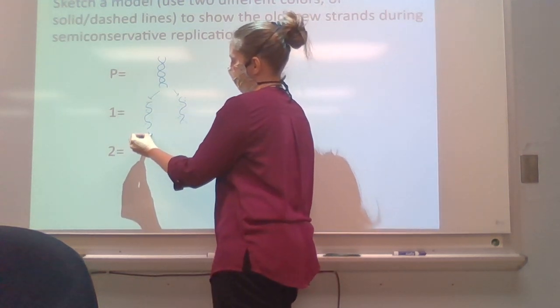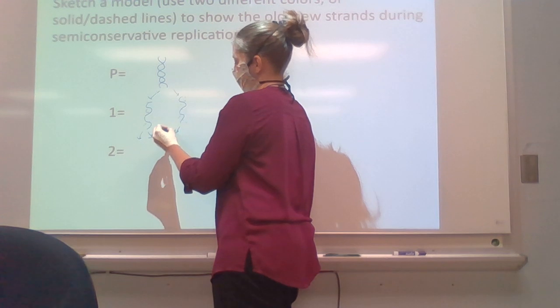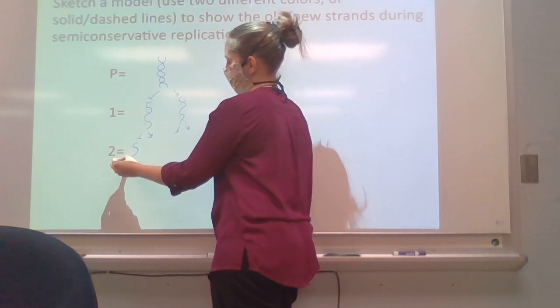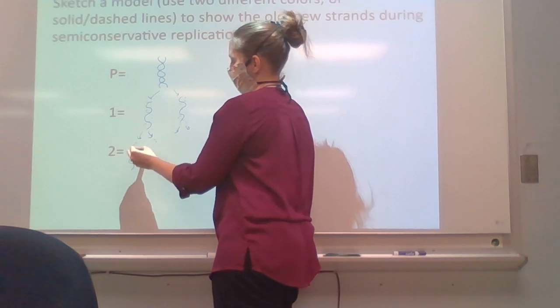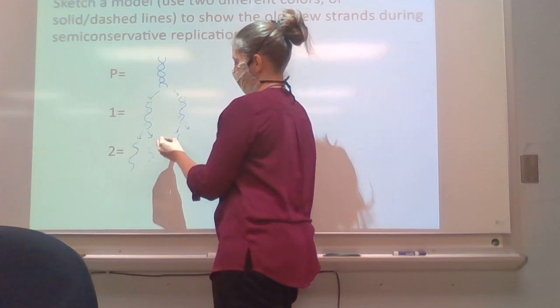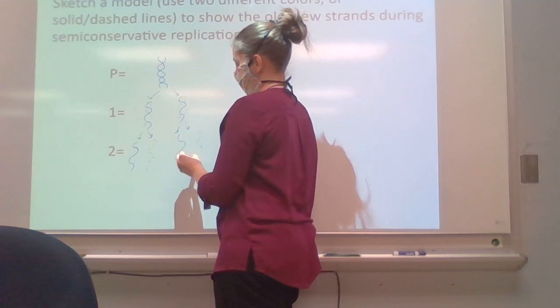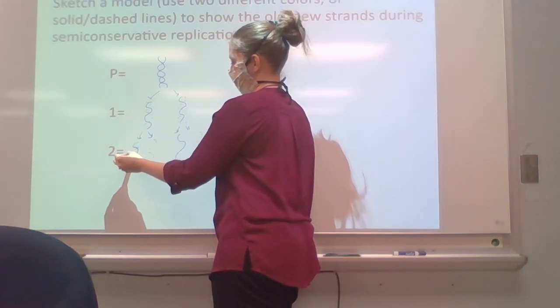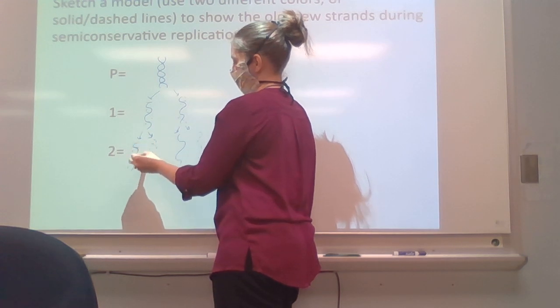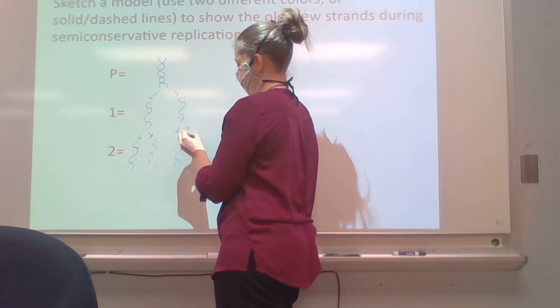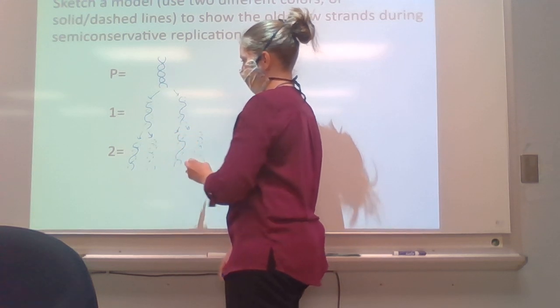And the second round of division, same thing. Each one of these strands is going to end up in one of the new molecules, right? And then it's going to act as a template for the new DNA that gets added. So I know I'm not an artist, but something like that.